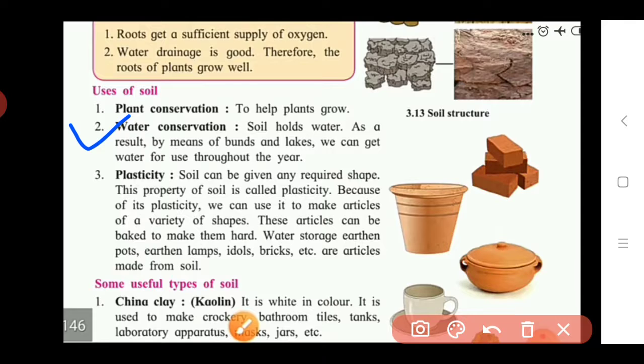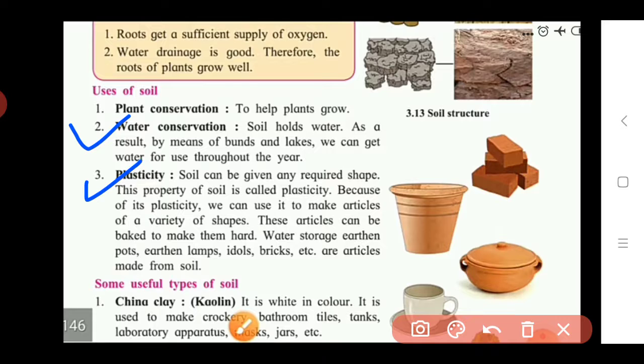Then we see the third one. These uses depend upon the properties of the soil. First is the holding capacity of water, and also absorbing water, it can conserve the plants and water also. And the third property, we know soil has plasticity. Plasticity means it has the ability to be moulded into any shape because of holding water.